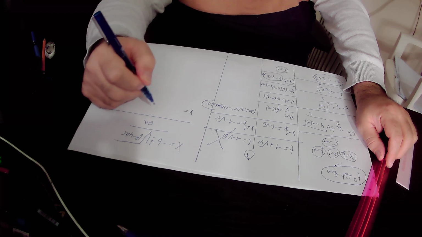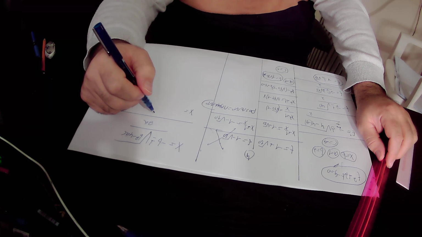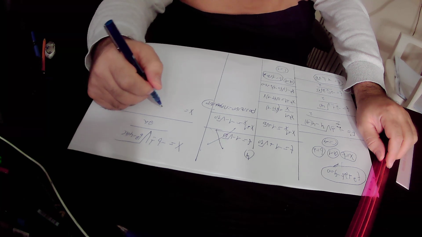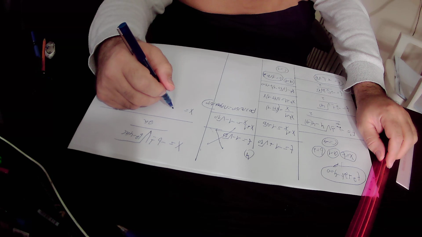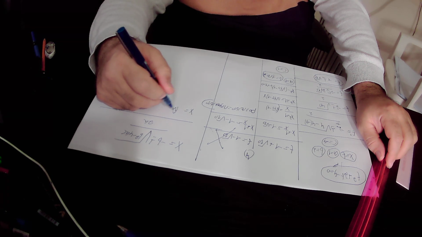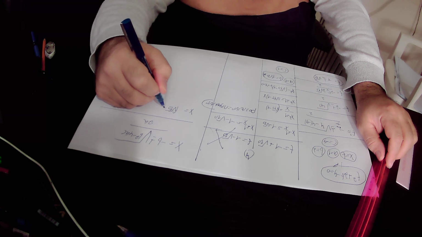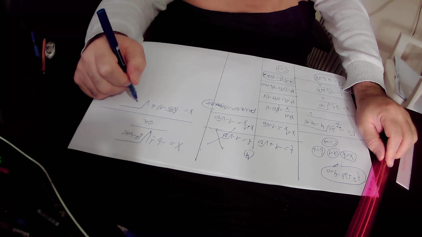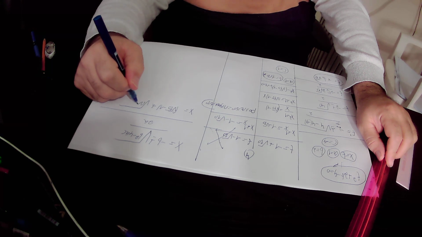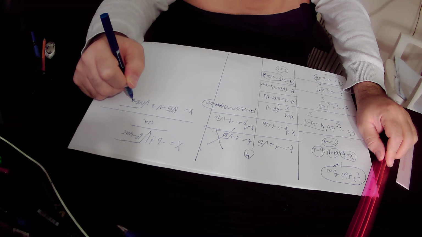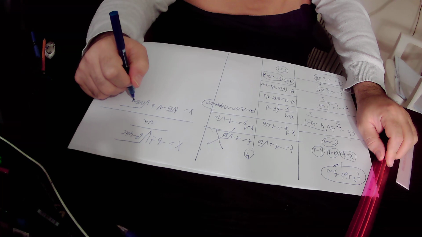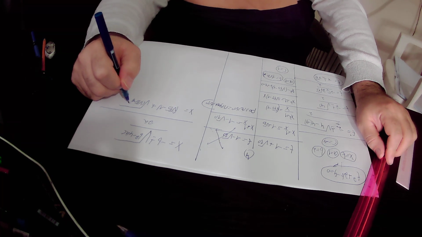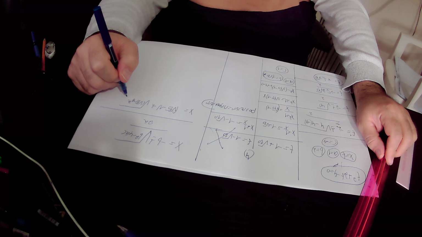So x equals minus b, where b equals minus square root of 10 minus 1, so minus and minus is plus, so b equals square root of 10 minus 1, plus minus the square root of b square, which is (square root of 10 minus 1) square, minus 4 times a times c.